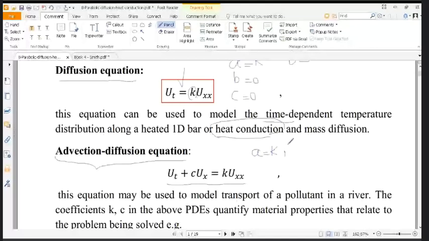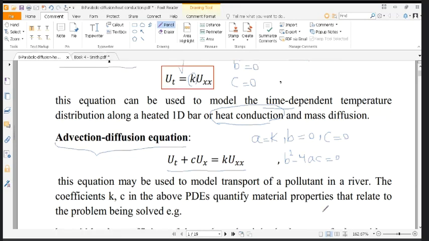C is the coefficient of ∂²u over ∂t², and we don't have u_tt, and then C again is 0. And again we have B² minus 4AC equal to 0, and then this equation is also a parabolic equation. The advection diffusion equation may be used to model transport of a pollutant in a river.